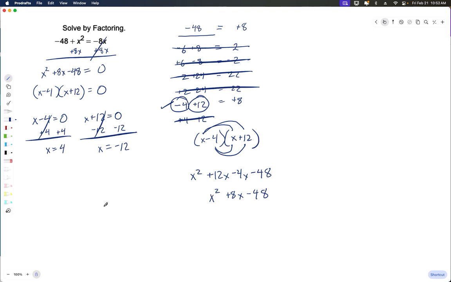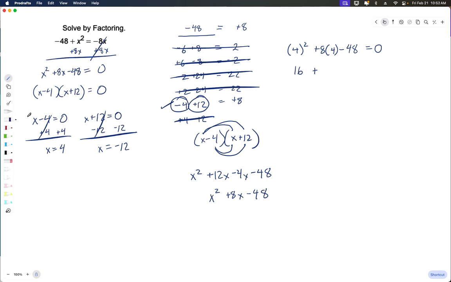Now I want to substitute both of these into the original problem and see if they work. So I'm going to say 4 squared plus 8 times 4 minus 48 equals 0. So that would be 16 plus 32. I almost forgot my multiplication tables for a second.